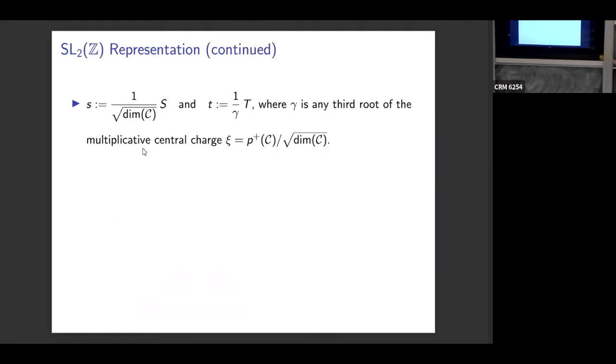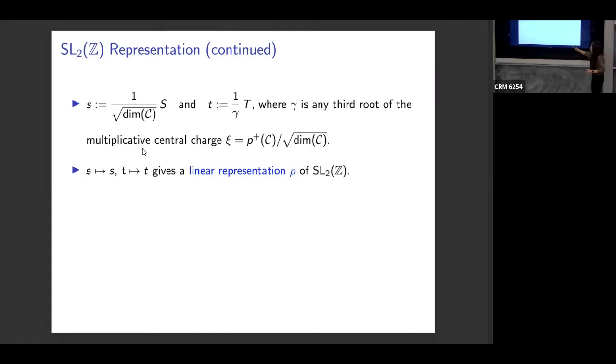In this talk, we will consider the canonical lifting. So we normalize the modular data S and T. We normalize S by the square root of the dimension, and normalize T by this number gamma, where gamma is any third root of the multiplicative central charge. There are other ways of lifting, and up to tensoring with a character of SL2Z, they are all equivalent.